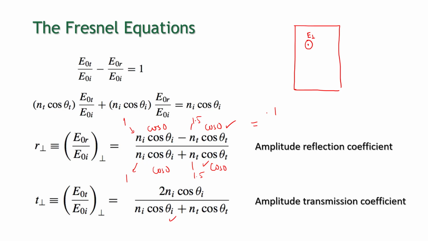So you get 1 minus 1.5 over 1 plus 1.5. So that's negative 0.5 over 2.5. So that will give you some negative value. And the negative means the phase changes when the light is reflected.